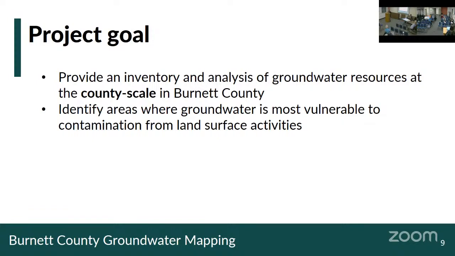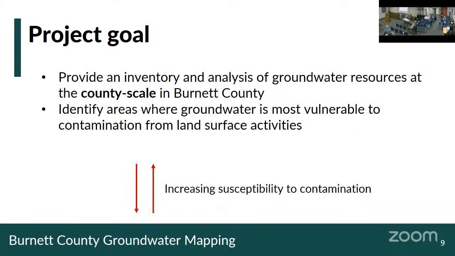And so I'll be going through a number of maps, and I'm going to use these red arrows to indicate whether an increase or a decrease on the map will correspond to an increase in the susceptibility of groundwater to contamination. And so I'll talk about this map more at the end, but this type of map only considers the sensitivity of the landscape, and it's not including any contaminant sources or land use. So just keep that in mind as well.